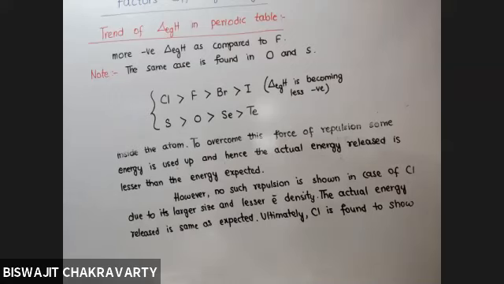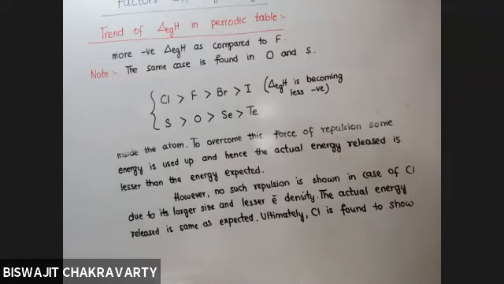Last class we discussed that lesser the energy required to remove the electron, lesser the ionization energy, more metallic is the property, isn't it? Yes, sir. So in order to be more metallic, the ionization energy should be low. And in order to be more non-metallic, the electron gain enthalpy should be more negative.